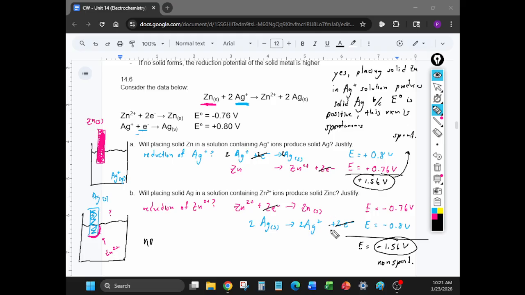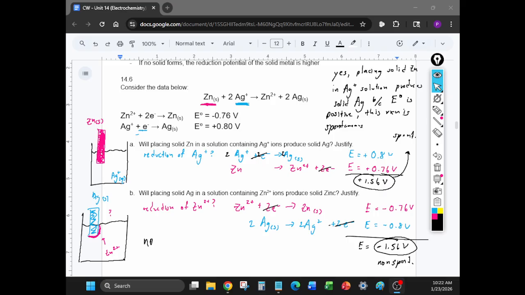Zinc is not able to take electrons from Ag because the electrical potential becomes a negative number. All right, so that's the type of question you might have when it comes to comparing electrical potential: whether or not putting a metal inside a different metal solution will form a solid.